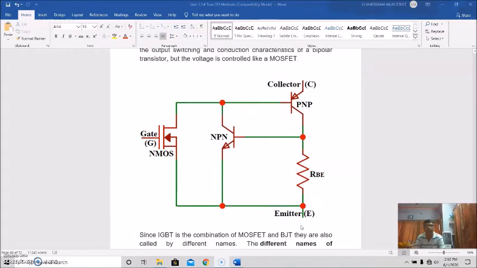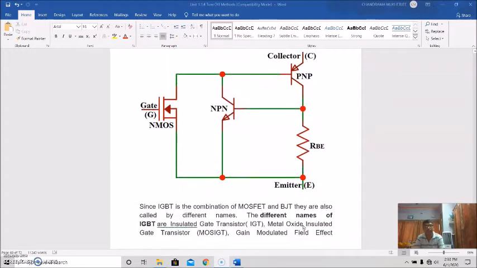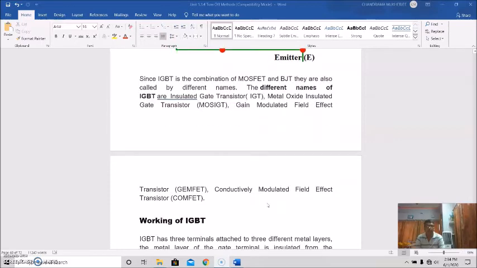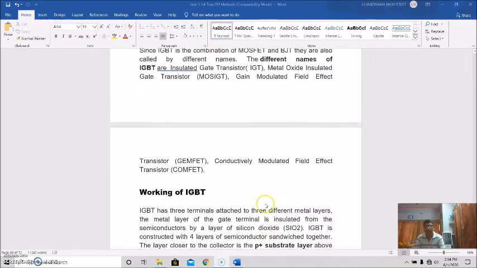These are the different names of IGBT available in the market.